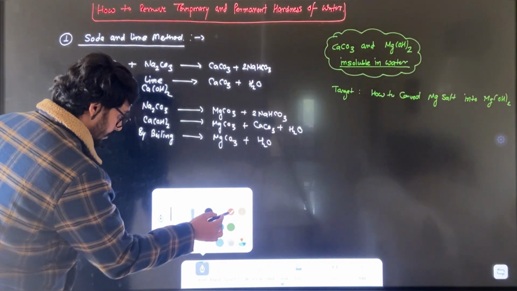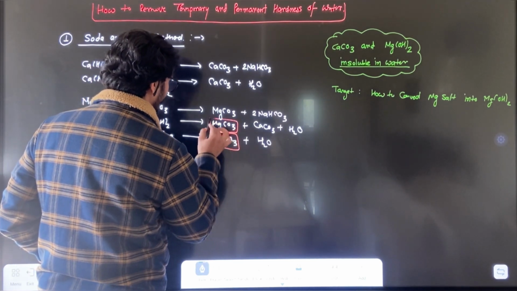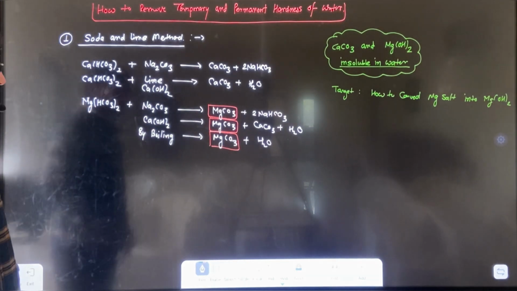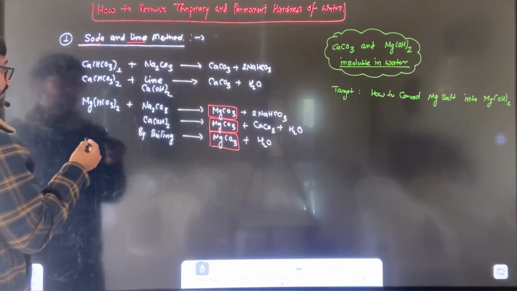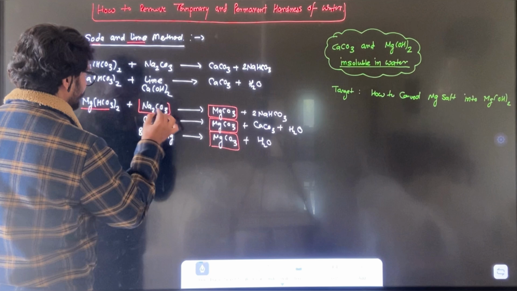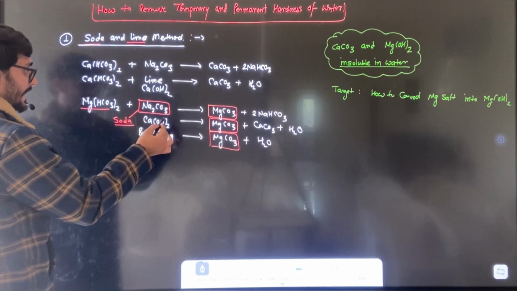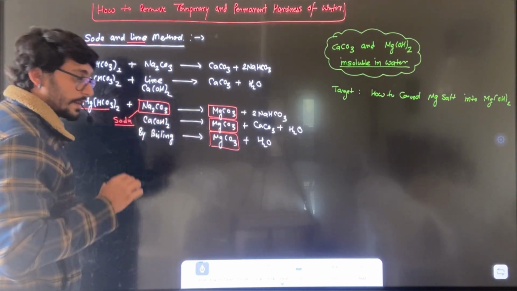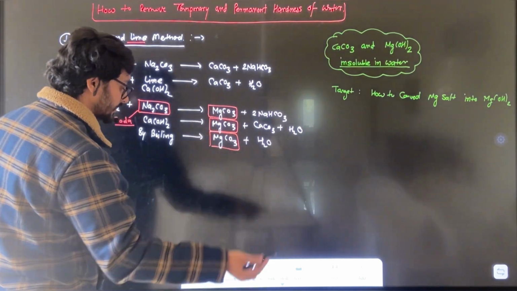So what is the problem with this magnesium bicarbonate? How to resolve this particular problem? Through the soda and lime method, as we can write here, magnesium bicarbonate reacts with soda. After that, this reaction product reacts further with the lime. That's why we can convert magnesium carbonate into magnesium hydroxide, right?